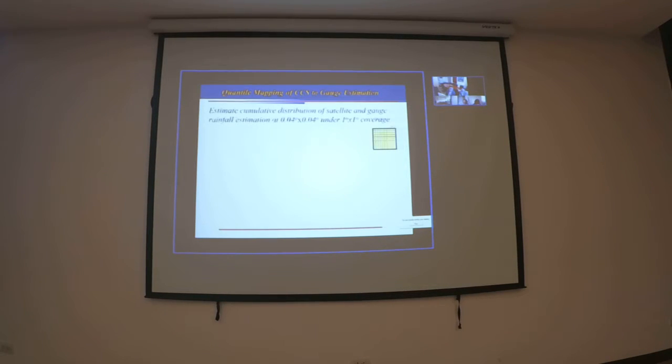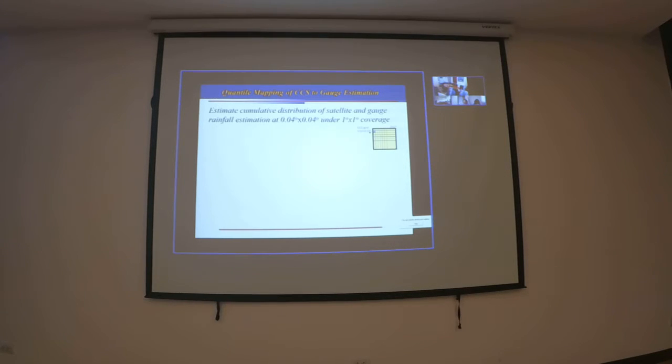So now we come back to the 1 degree by 1 degree box, and it has 25 by 25 0.04 degree by 0.04 degree boxes over this 1 degree by 1 degree box. Here, 0.04 by 0.04 is the CCS grid estimate.